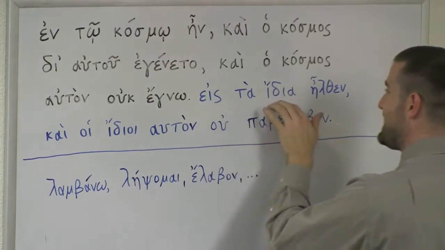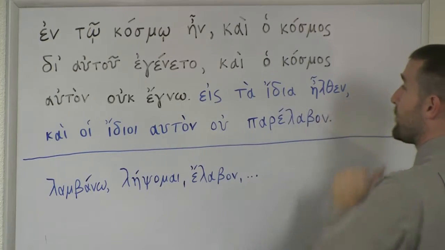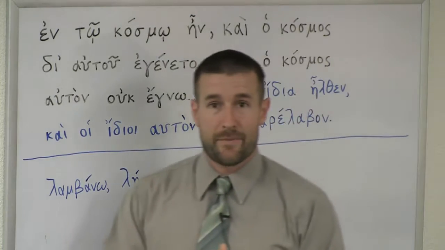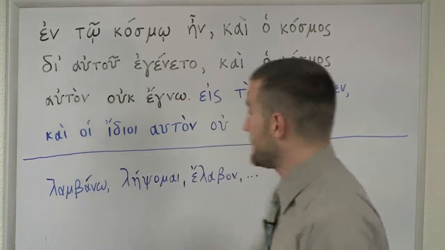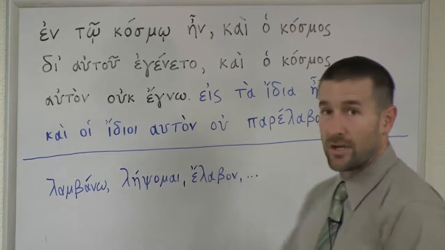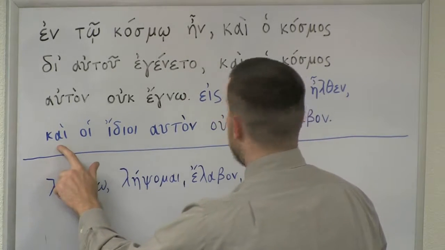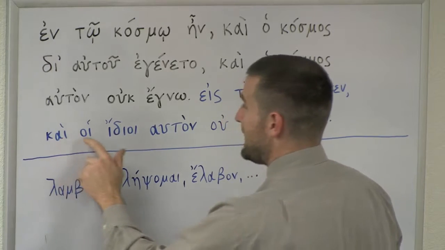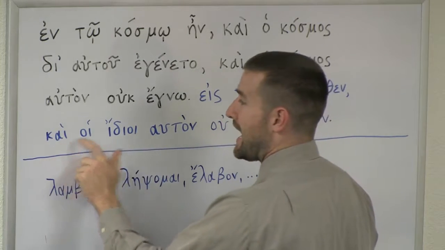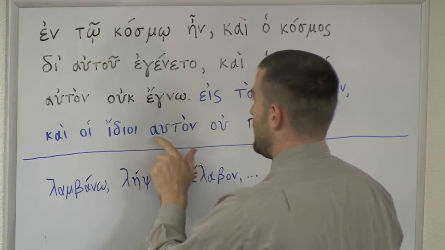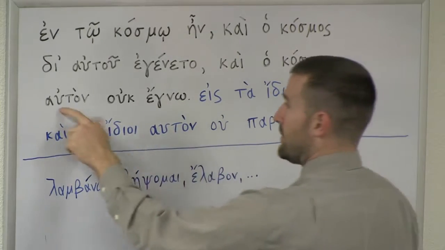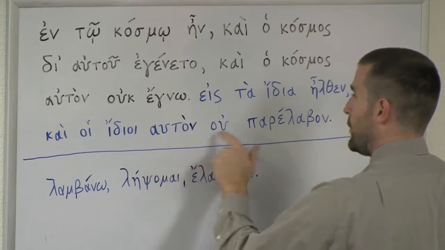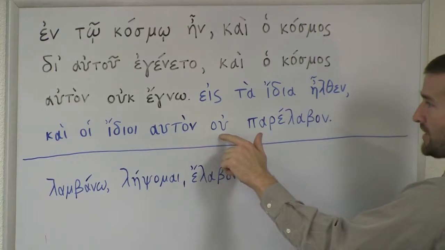Eis ta idia. Elthen. And of course we know that elthen is came. Again, aorist definite past. It's the past tense of erchomai. Then it says here, kai hoi idioi, and His own. Auton, Him. Notice same word here and here. Ou, not, or did not.